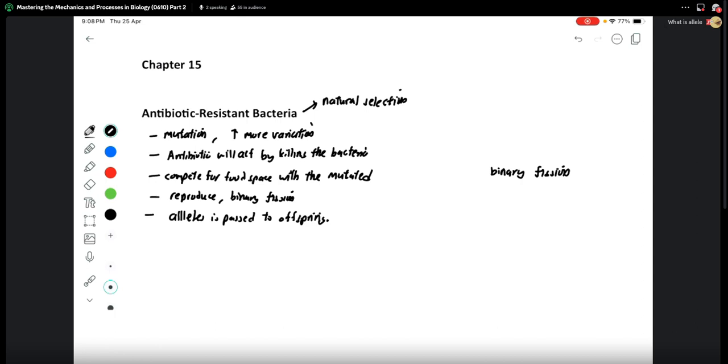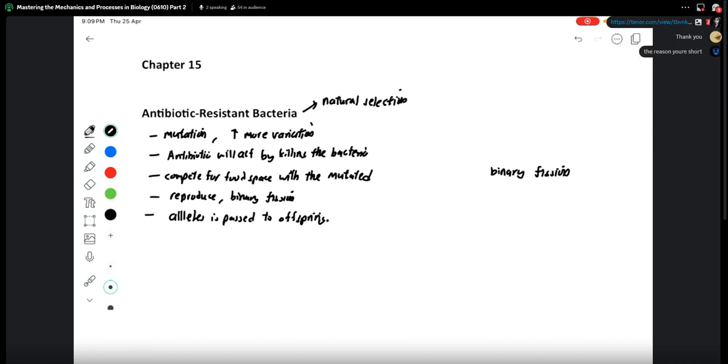What is an allele? An allele is a type of specific characteristic that determines one bacterium from another, something like that. So, for example, we may have different alleles for eye color, something like that.